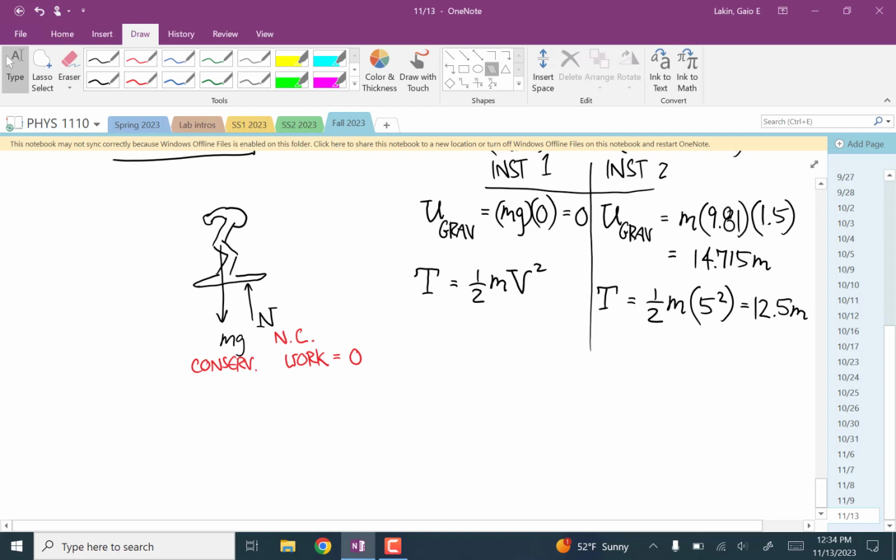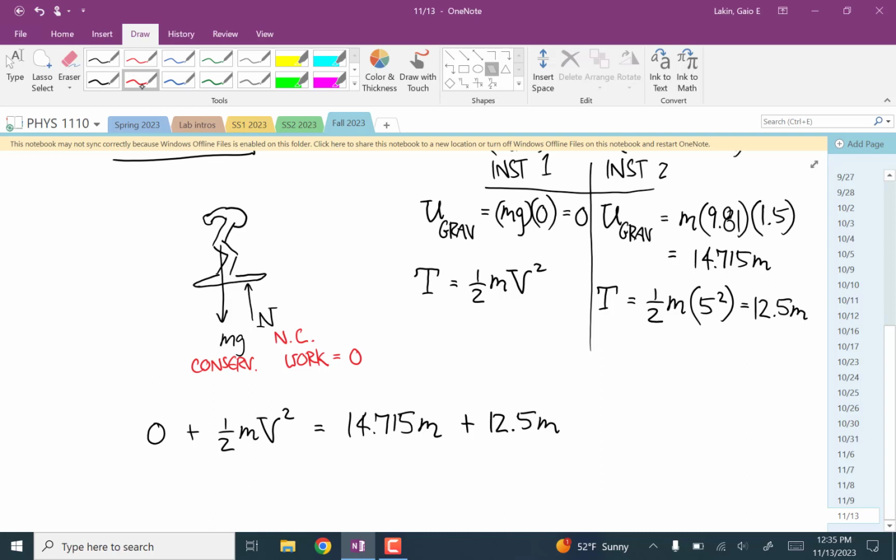And now we can put this stuff into conservation of mechanical energy. So we have 0 plus 1/2 m v squared is equal to 14.715 times m plus 12.5 times m. Both sides, everything's multiplied by m, so we can just divide both sides by m.